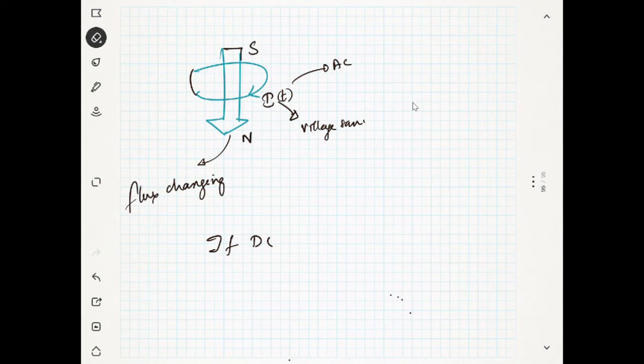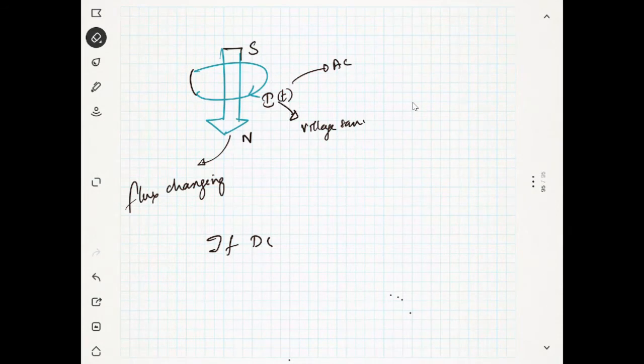But if you give a DC voltage for a long time to an inductor, then what will happen? Whether the flux will be changing? Flux will not be changing, right? Because it is DC. Then if there is no flux change, no voltage will be induced, right?